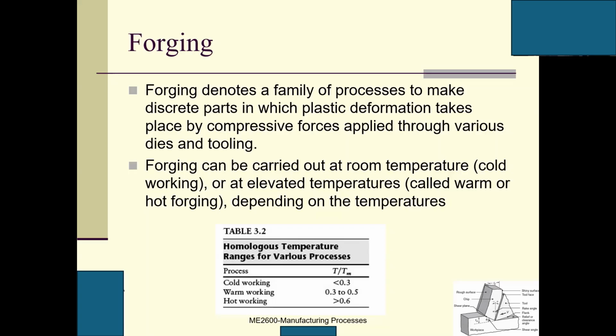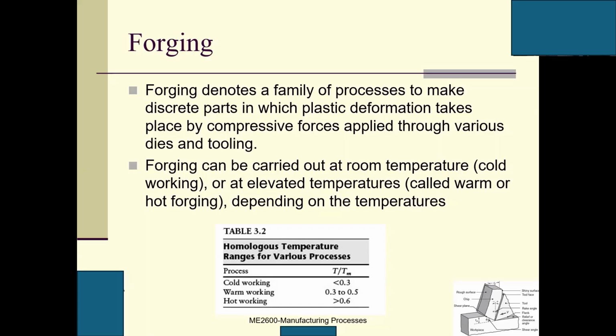So you can see cold working is less than 0.3 and hot working is greater than 0.6. There's warm working, which is an intermediate level. But in machine design, I told my students we have two categories: one is cold working, one is hot working. For that classification, what did I teach you in machine design?